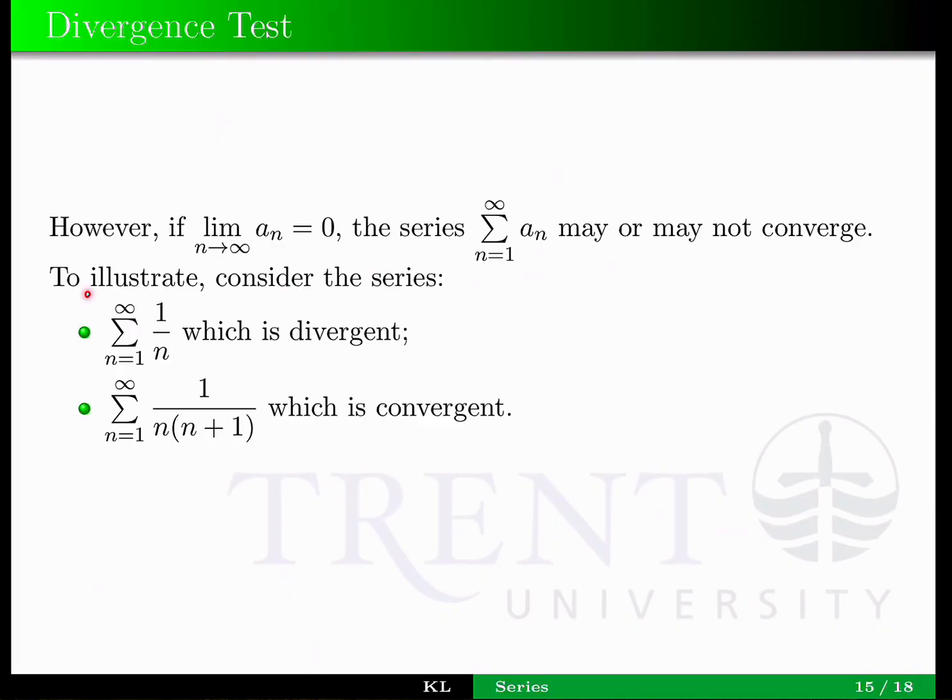For example, the harmonic series. The limit of a_n here, limit of 1 over n, as n approaches infinity, equals 0. But the series 1 over n is divergent.